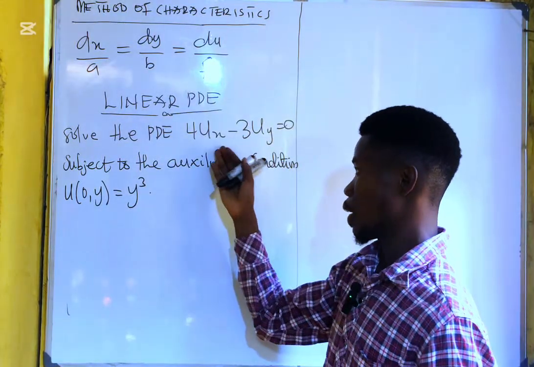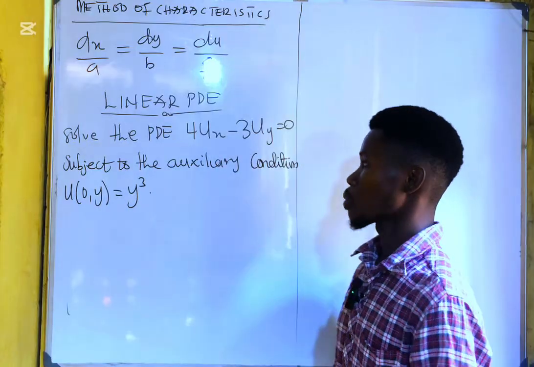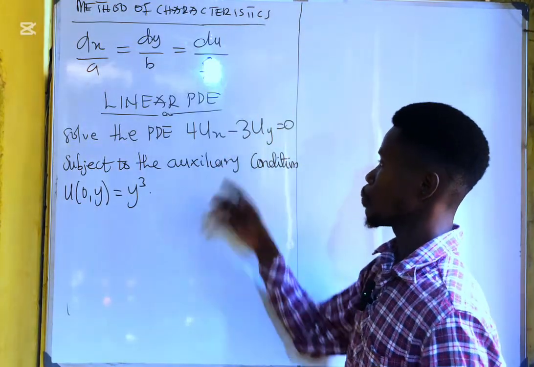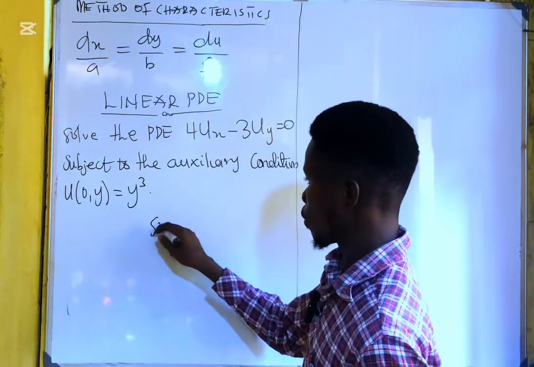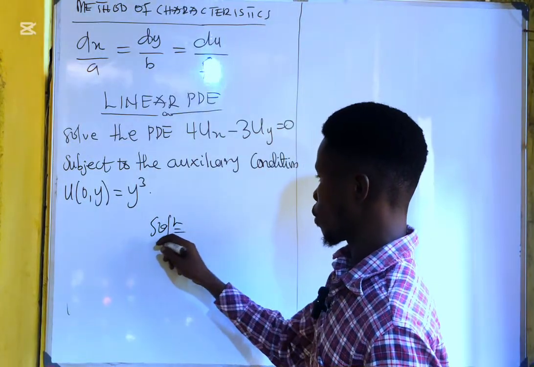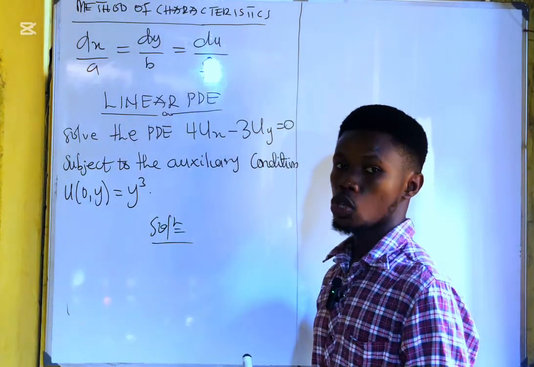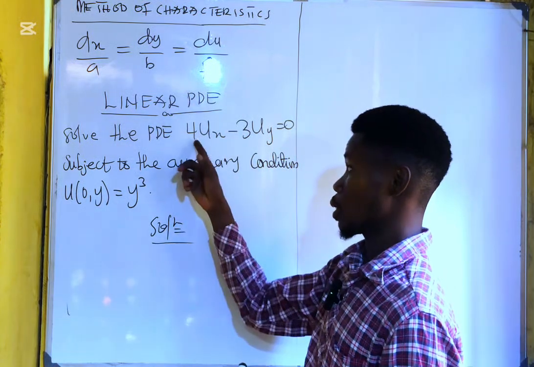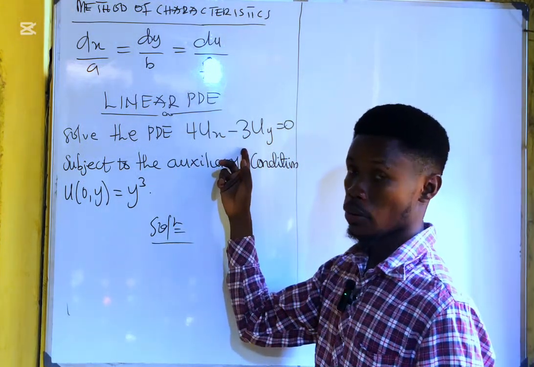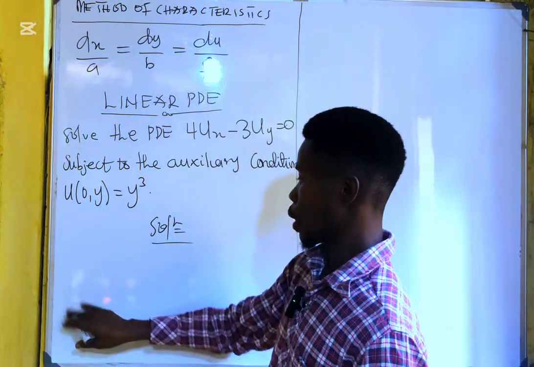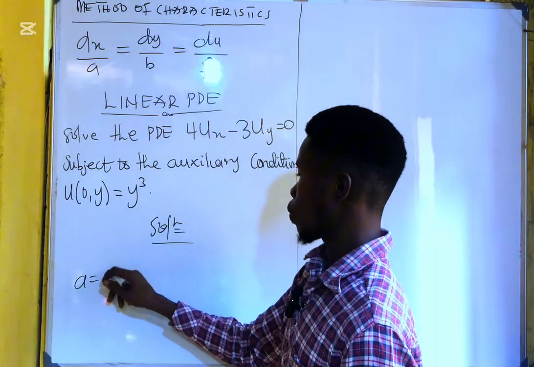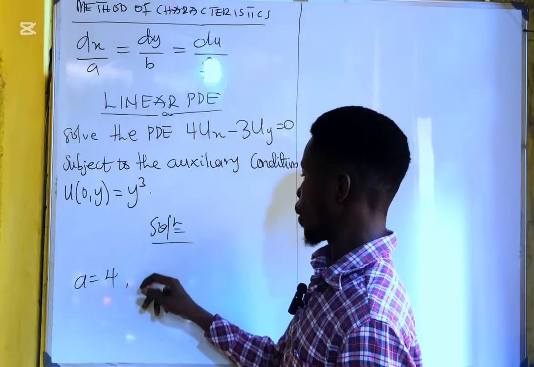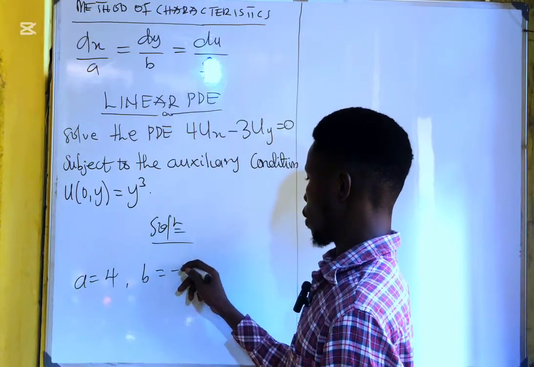This is linear. You also know that you have solved this question before when we were using the directional derivative. So here, let's identify our A, 4, B, -3.